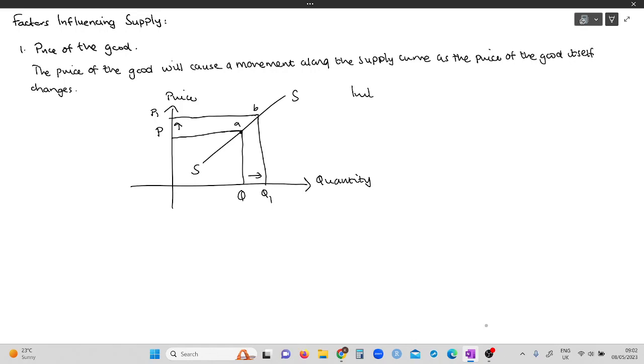So you always start by explaining what the initial position is.